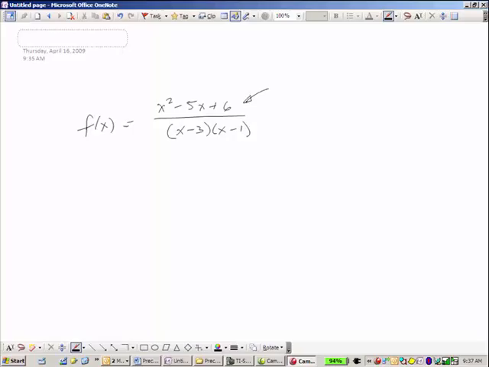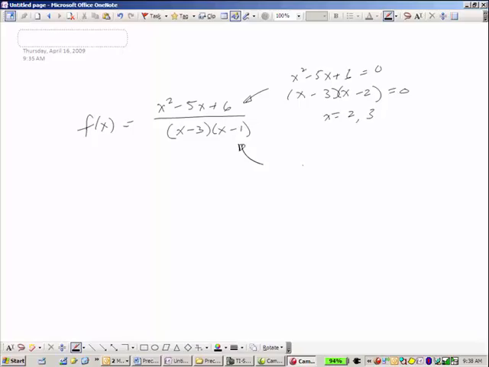So the question is, when is x squared minus 5x plus 6 equal to 0? And Peter, I think you already factored it. What'd you get? So it's x minus 3, x minus 2, which would give us zeros at 2 and 3. So x equals 2 and 3 are going to be zeros.